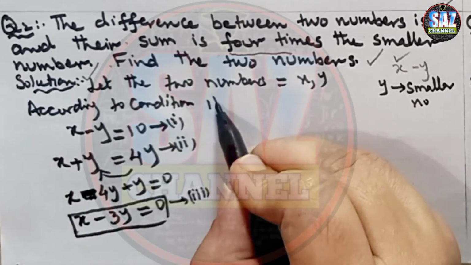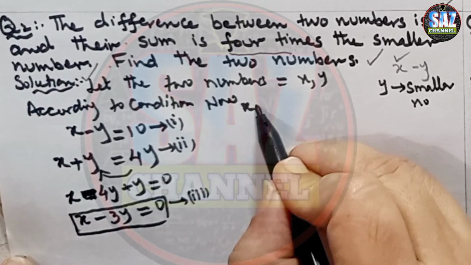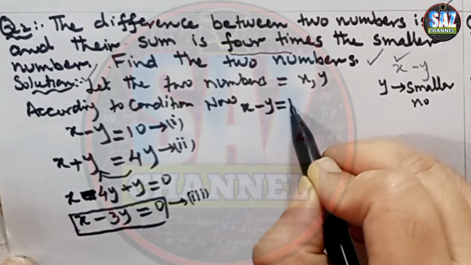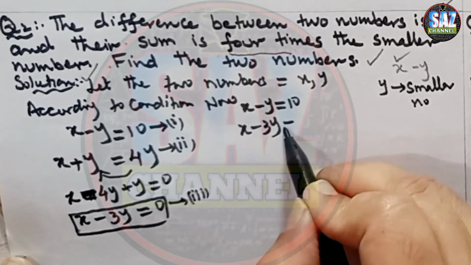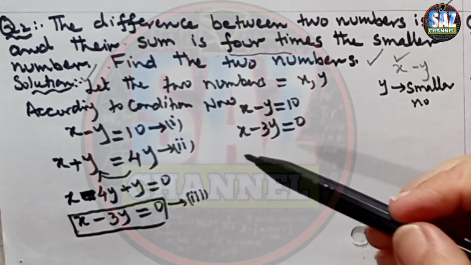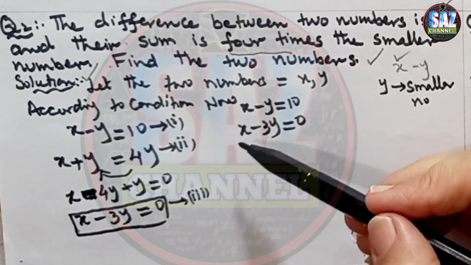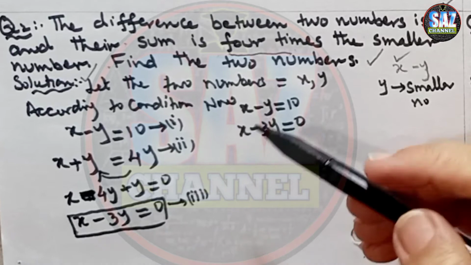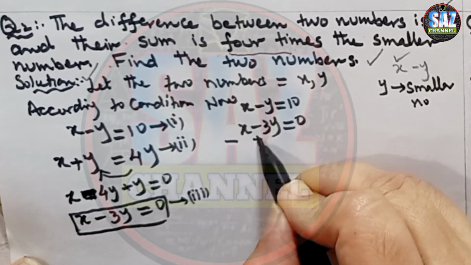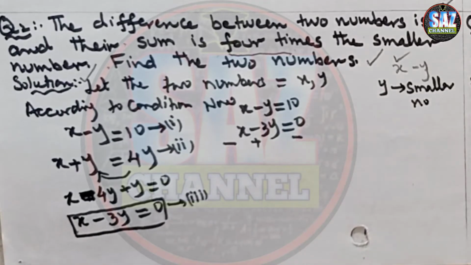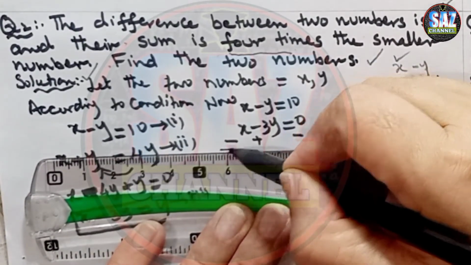Now when I'm solving equation 1, that is x minus y equals 10, and x minus 3y equals 0, we can observe that x has the same coefficient with the same sign. So I will be changing the sign of the second equation, or I'll be subtracting these two equations, and my equation will take the form like this.